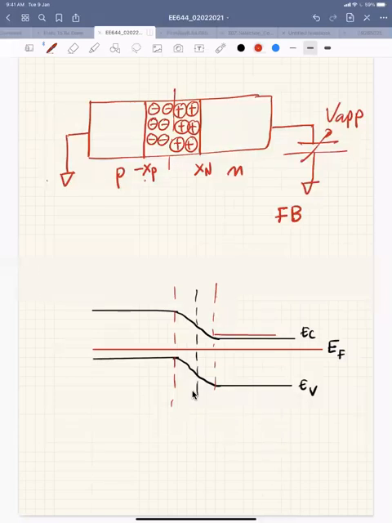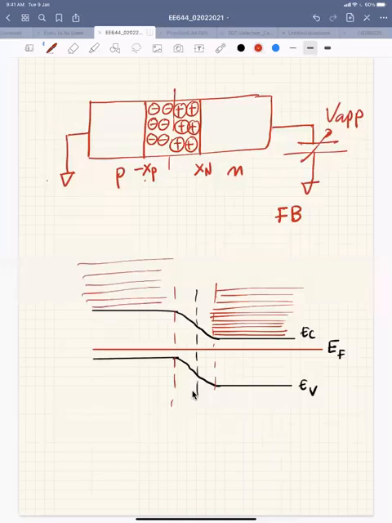As I told you earlier, I have my states here because this is my region, and also I have my states here. The electrons in the n type at the bottom of the conduction band could not easily go; it is very difficult for the electrons to jump from here to here, because there is a barrier potential.